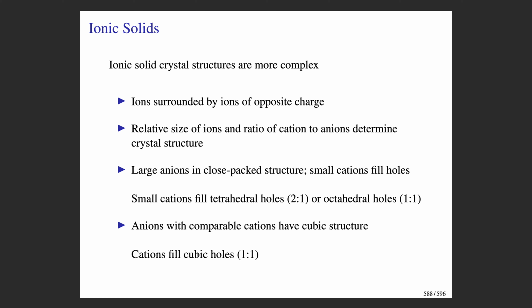On this slide here, as it says in the middle, if you have large ions, they will typically form a close packed structure, and then small cations are going to fill in the holes in the close packed structure. And it just depends on the nature of the cations what kind of holes they fill. So there's tetrahedral holes, there's octahedral holes. It really just depends on the cation and the anion and what sizes you get.